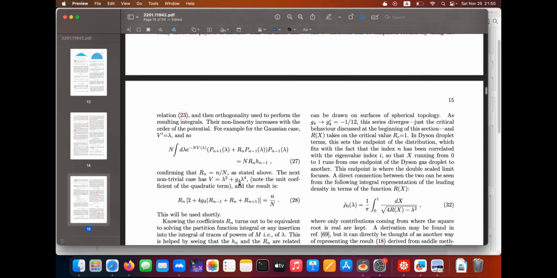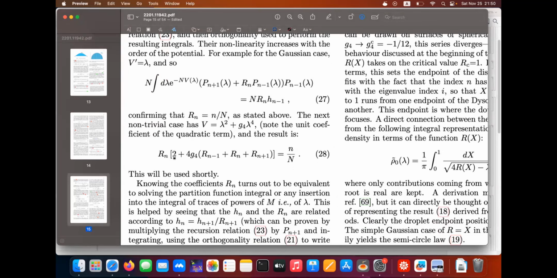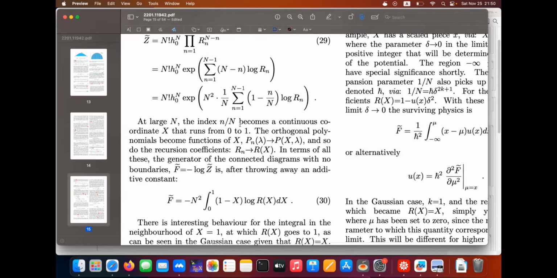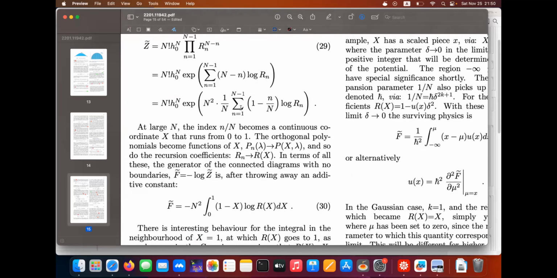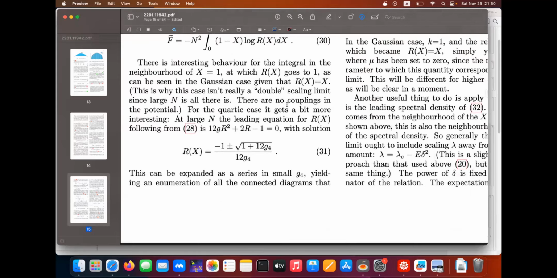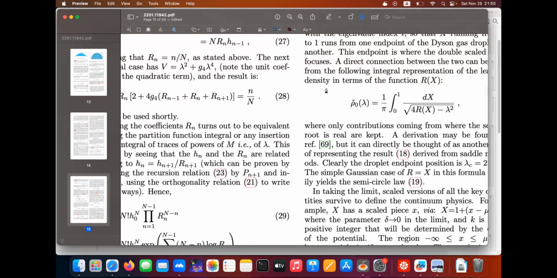For example, for the next non-trivial case, the result is quite easy. This is for the discrete case, then we just need to do the continuous limit. You see that the tilde is fixed by Rn.